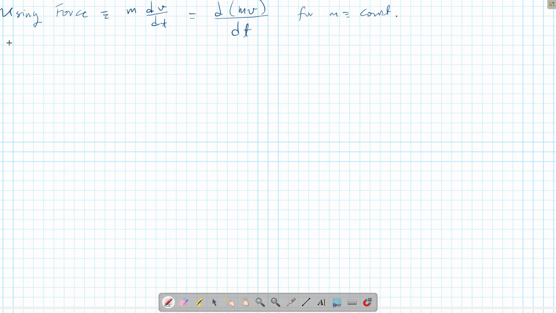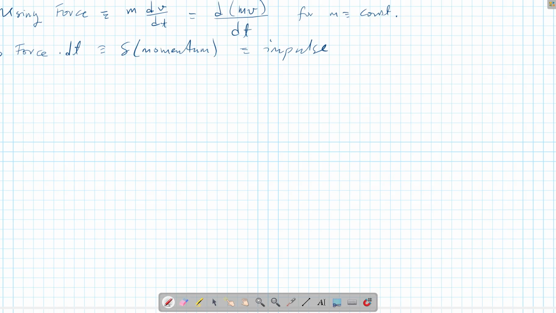So this implies that force times dt is going to be the change in momentum, called the impulse.